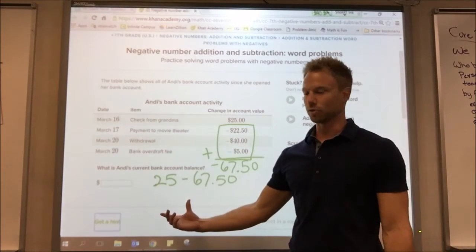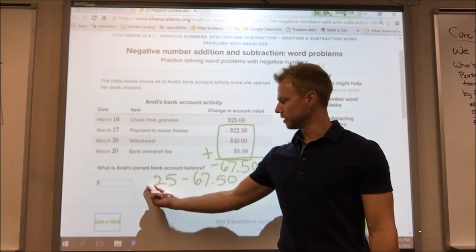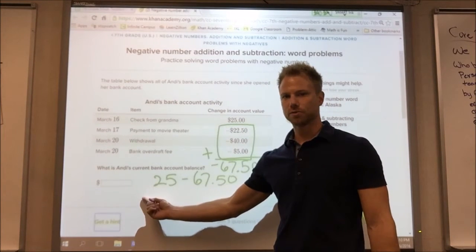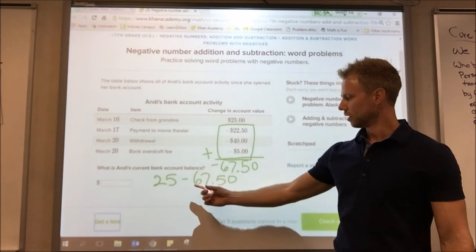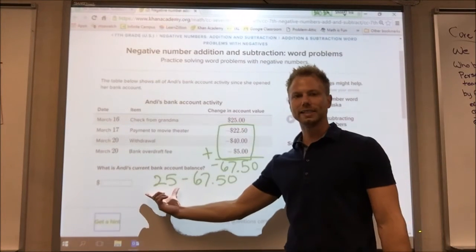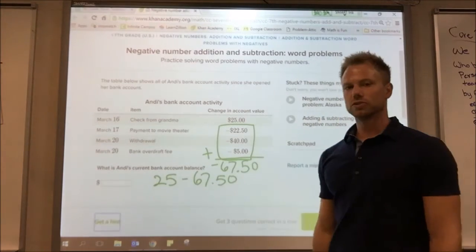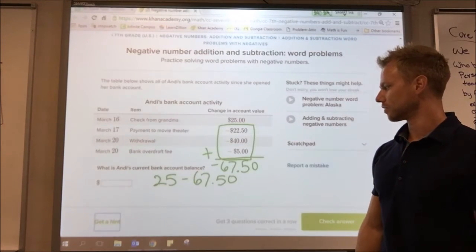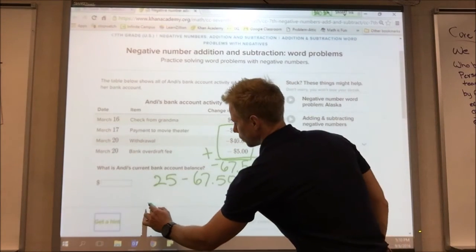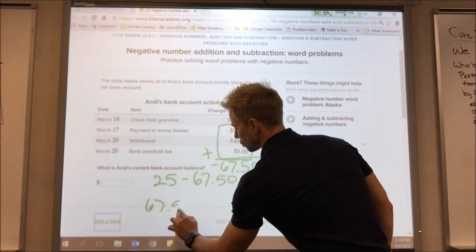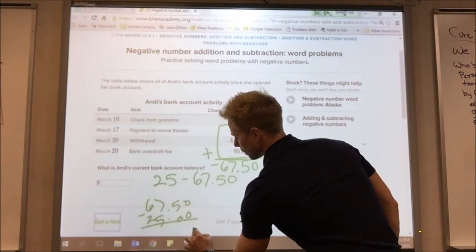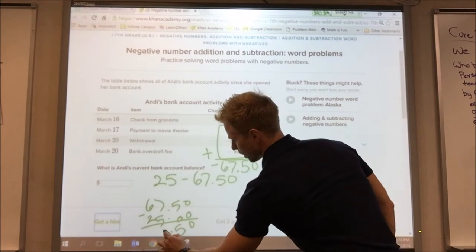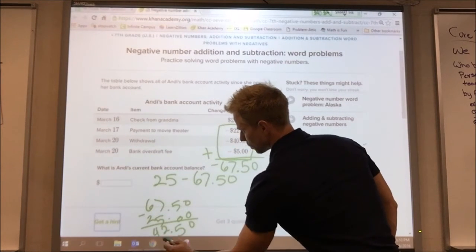Now we can use our rules. 25 is positive because there's no negative sign in front of it. 67.5 is negative because of this sign right here. So they are unlike. So we would subtract and keep the sign of the bigger number. So on the side here, let's subtract 67.5 minus 25. 7 minus 5 is 2. 6 minus 2 is 4.